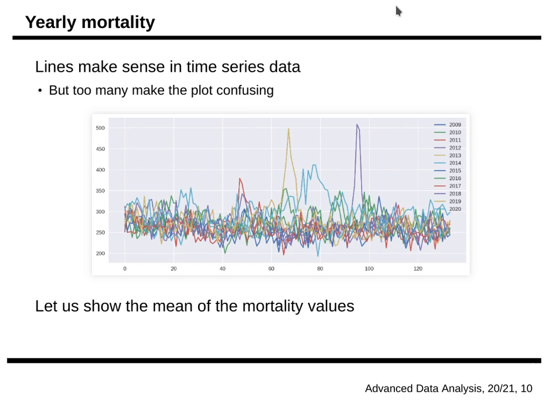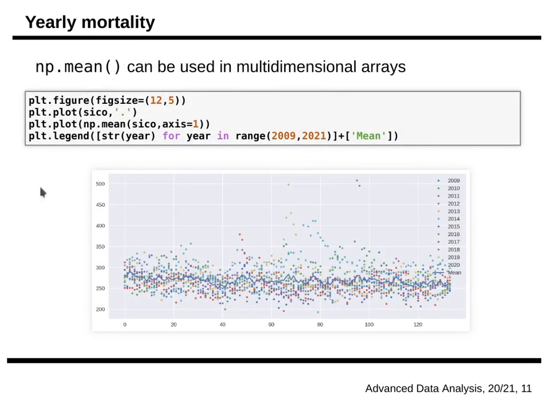However, if you have too many lines, then it's hard to see anything. So we can try to simplify the plot a bit by showing the whole data set with dots. So each year is just a set of dots. And then we represent as a line the mean value of mortality for each year.